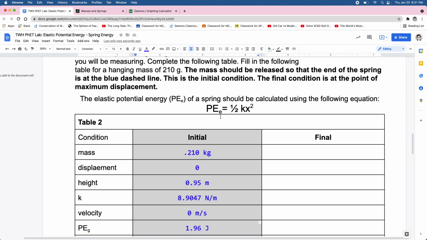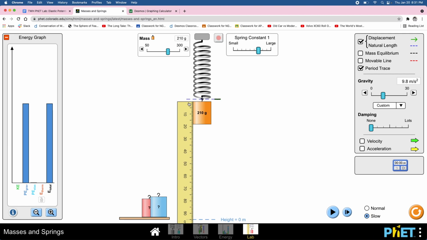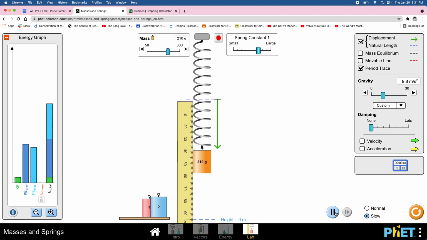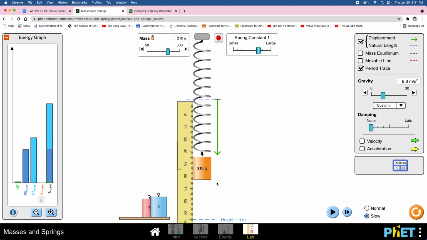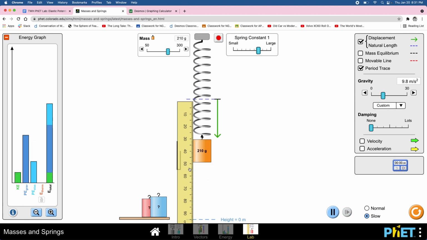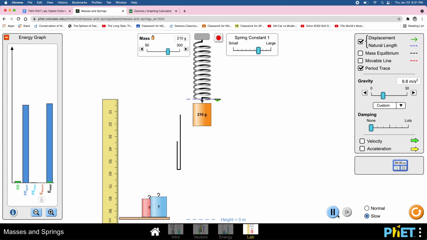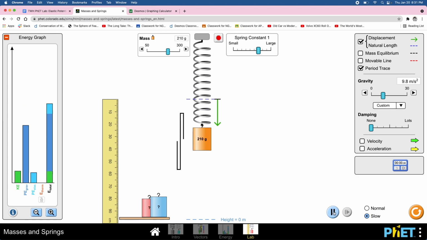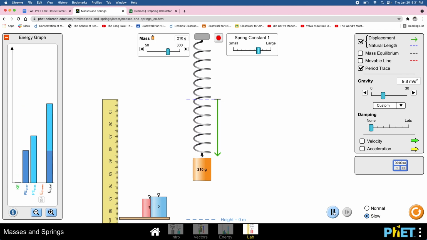Now, my final conditions. Final condition is at the point of maximum displacement. So if we go back to this and we click play, maximum displacement occurs right there. I'll play it through again so maybe you can see a little bit better. It goes up and then goes down there.